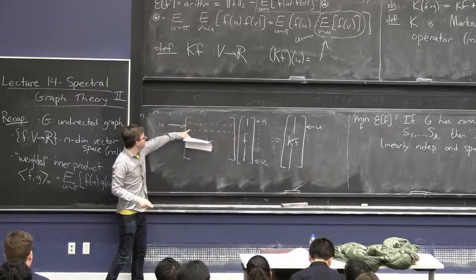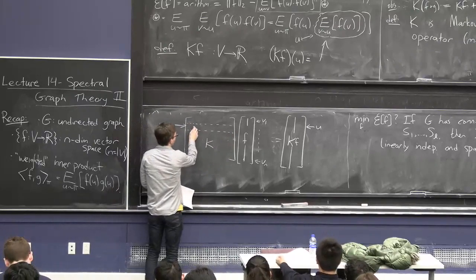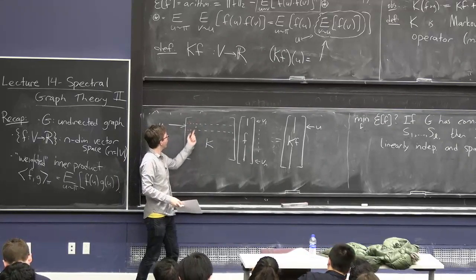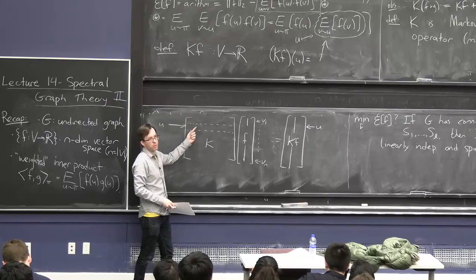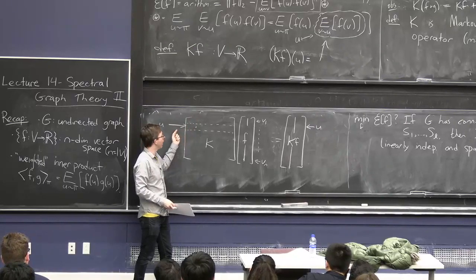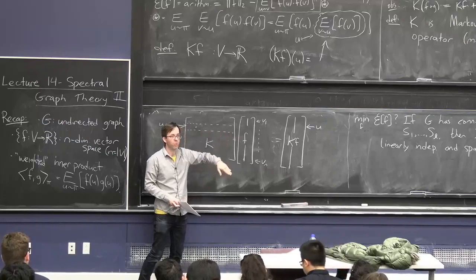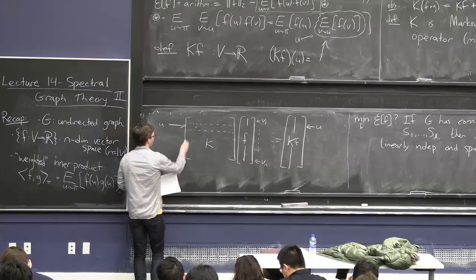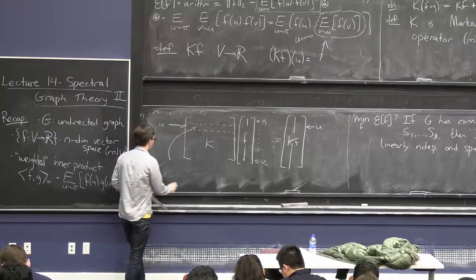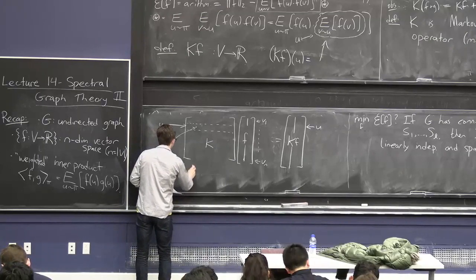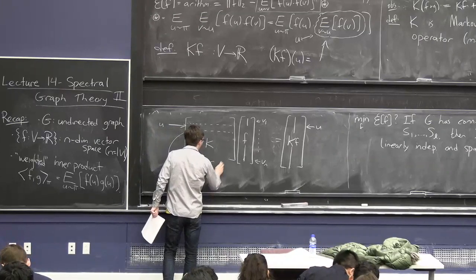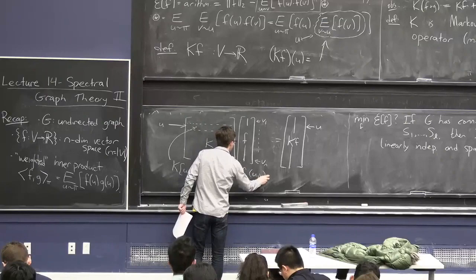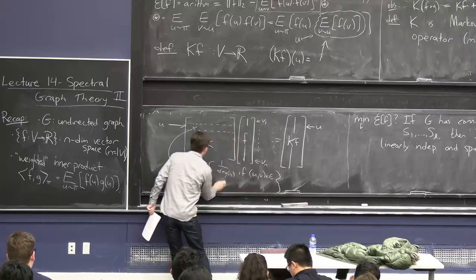So what do we need to put here? Basically, we need to put in each entry a non-zero value when the associated column is a neighbor of u. And in particular, we should put 1 over the degree of u there, because when you're averaging over the neighbors of u, you take each of them with probability 1 over the degree of u. So I hope you caught all that. What I'm saying here is that the entries K_uv are equal to 1 over the degree of u if uv is an edge, otherwise 0.